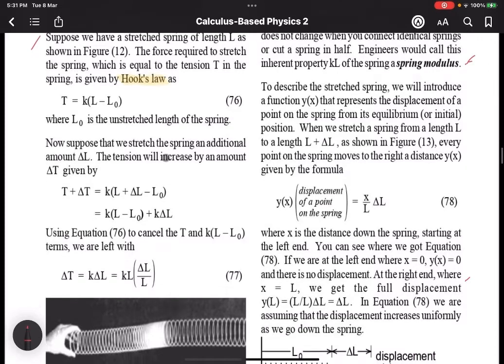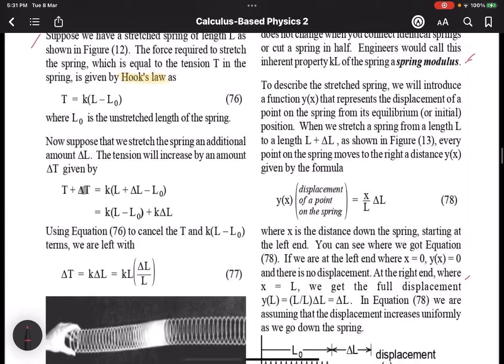Now, suppose that we stretch the string an additional amount which we call the change in L. So, itong equation na to, dadagdagan natin ng change in tension, kasi magdadagdag tayo ng additional na length. Ibig sabihin, babanatin din yung spring. So, this will be its formula.